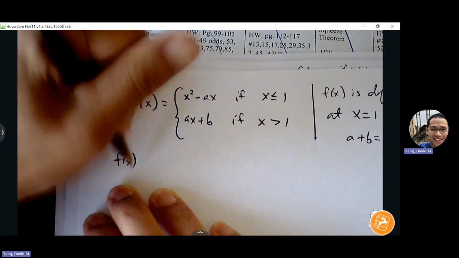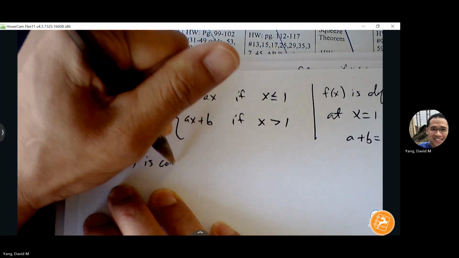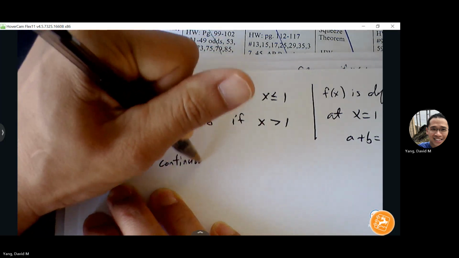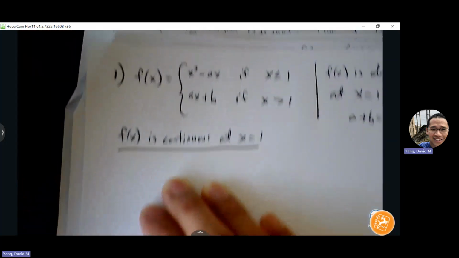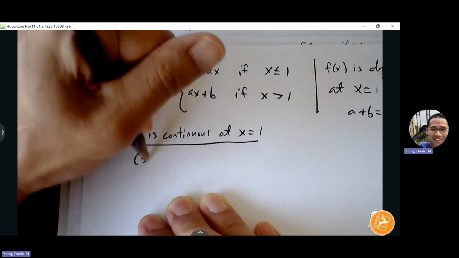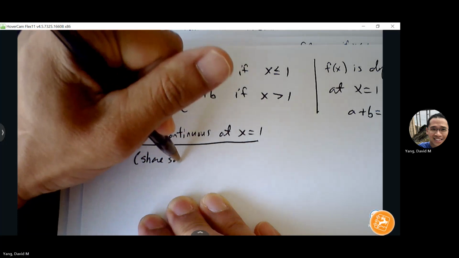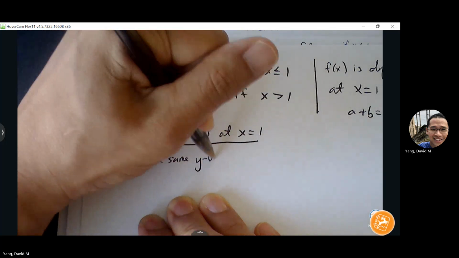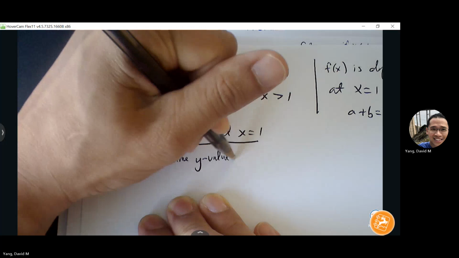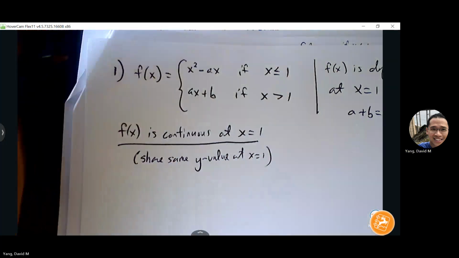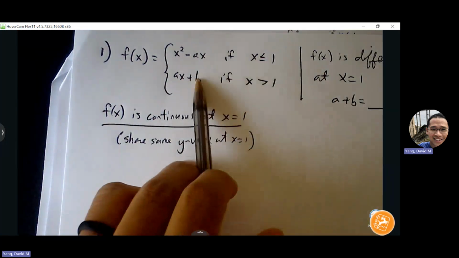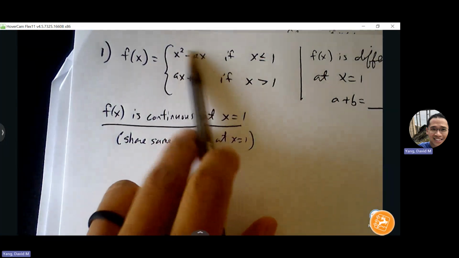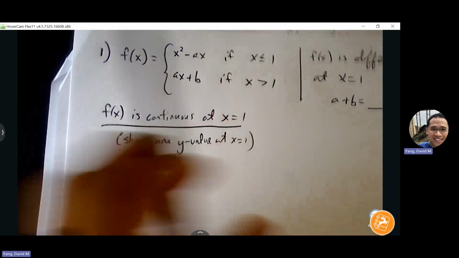We know our function is continuous at x equals 1, which means they must share the same y value at x equals 1, which means we can set these two equal to each other and replace x with 1, and that will create an equation that we want to be true.